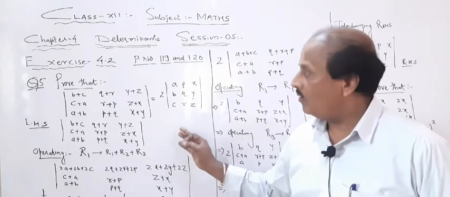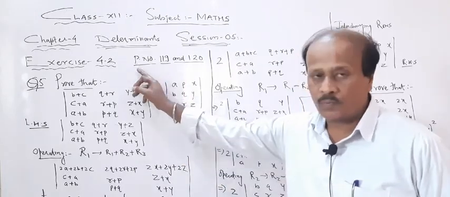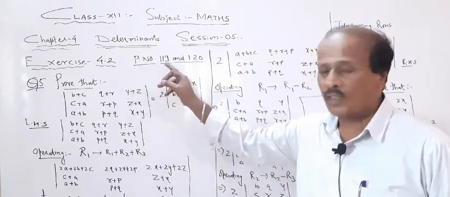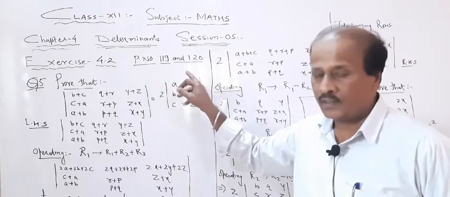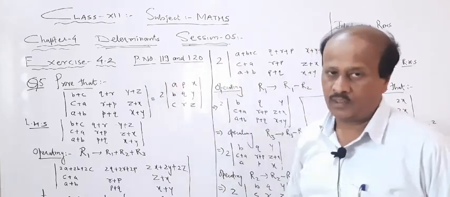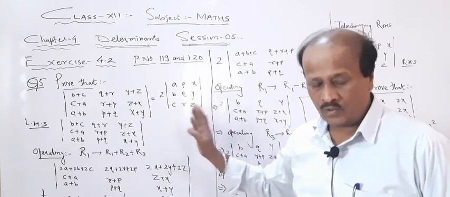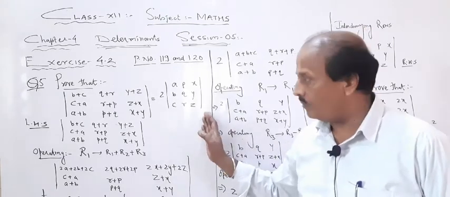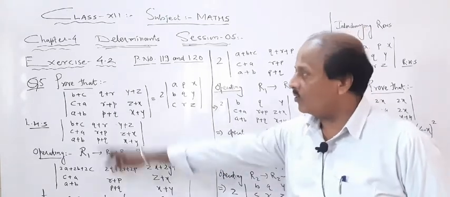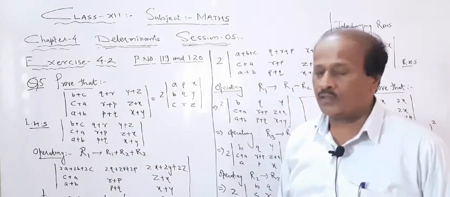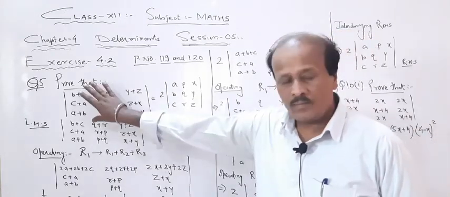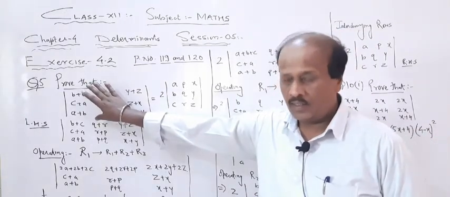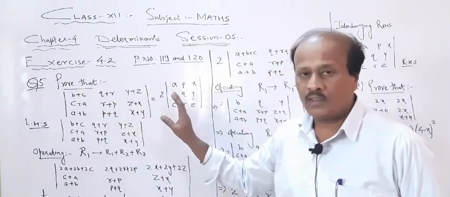So come on, in exercise 4.2 on pages 119 and 120, I picked up 2 questions. These are questions we expect in the exam for 2 to 3 marks. Now question number 5: one big determinant is given, and side by side we also have a right hand side.